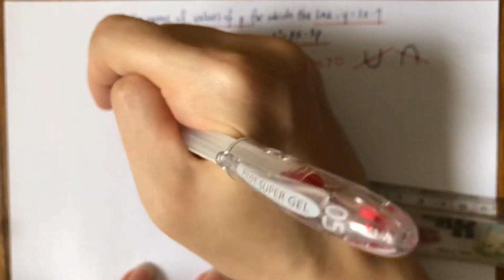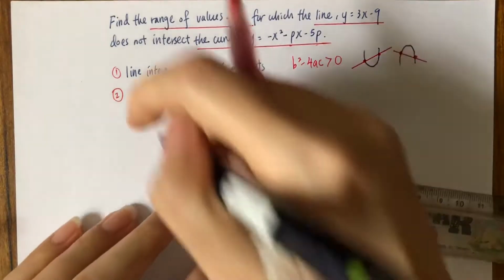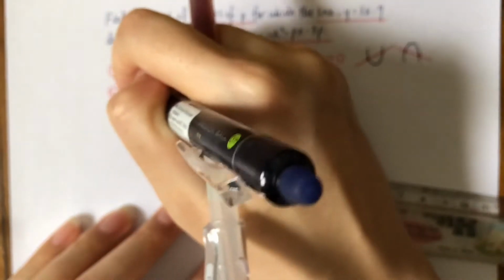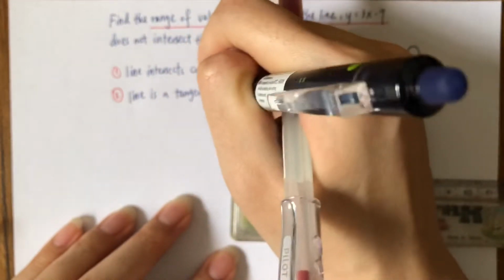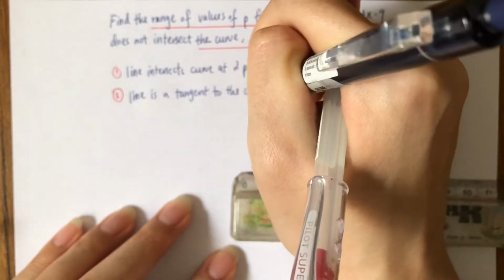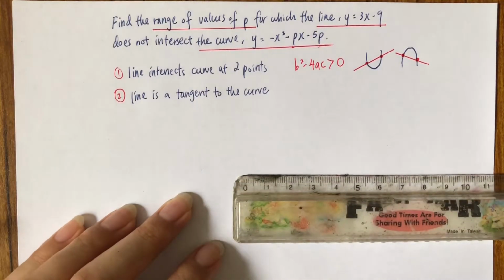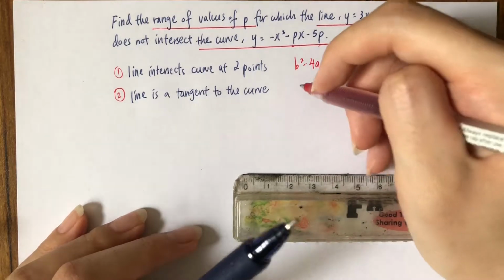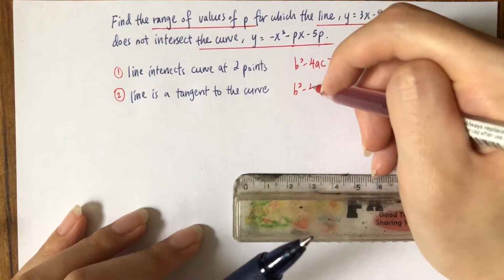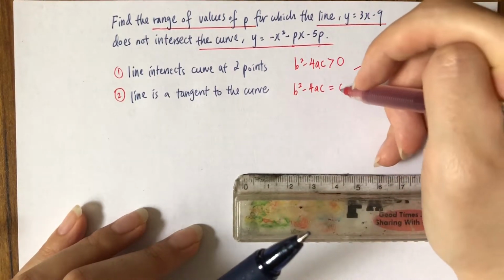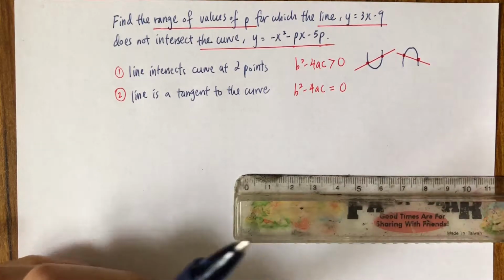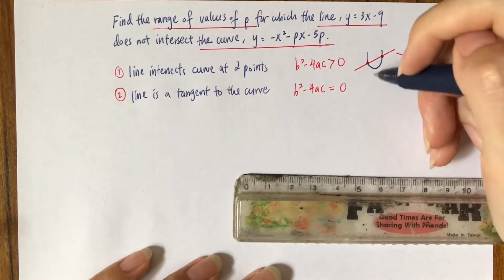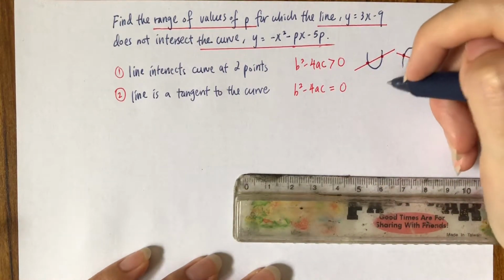We have the second kind, where the line is a tangent to the curve. I will show you all graphically later on, but for this type, b squared minus 4ac equals 0. Graphically it will look something like this.